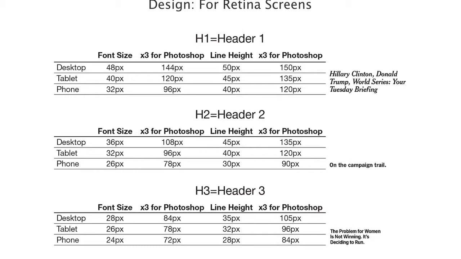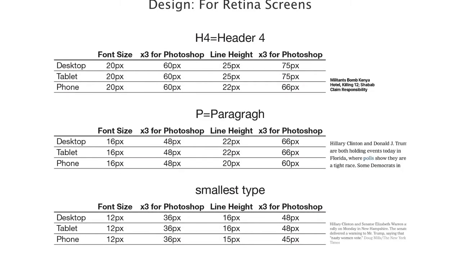Now, as I said, it can go between 2 and 3 times. So the range would be between 64 pixels and 96 pixels. That would be a good range for the largest header in your design. And then line height, which is leading, it's the space between lines. They're saying about 40 pixels in line height, and that 3 times that would be 120 pixels in line height, designing it in Photoshop.